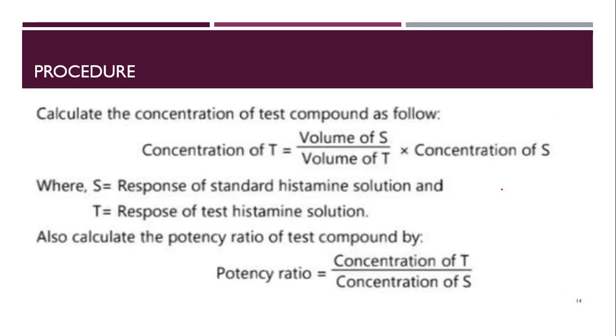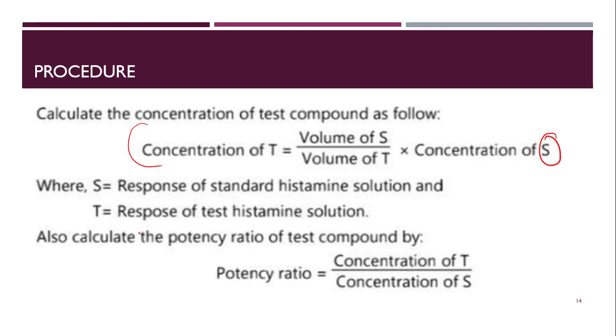Okay, so this is the calculation. Calculate the concentration of test compound as follows. This is the formula for it. Concentration of T is equal to volume of S divided by volume of T into concentration of S. We know this concentration of S as we have prepared the standard solution.